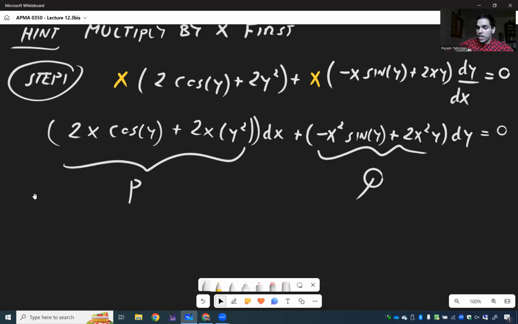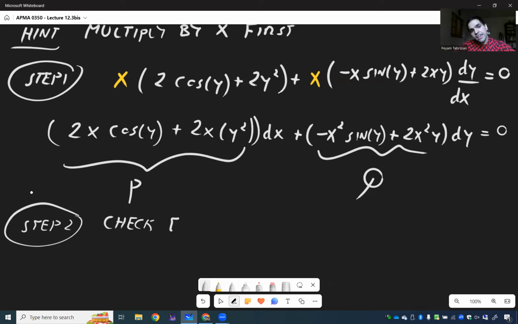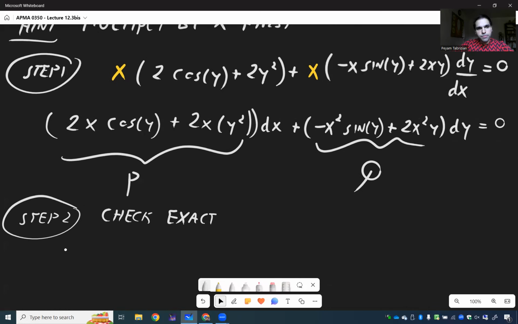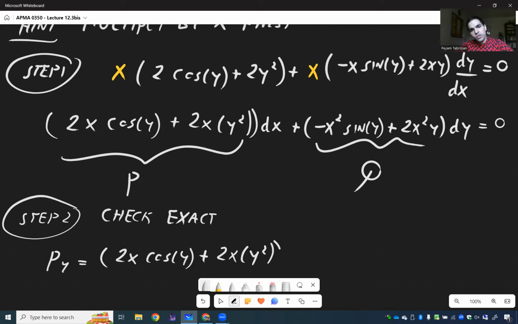All right, and now let's check if it's exact. So p_y, that is 2x cos y plus 2xy² with respect to y.